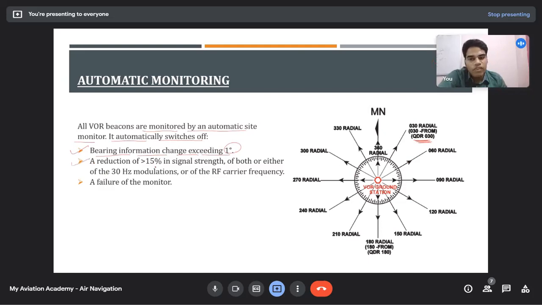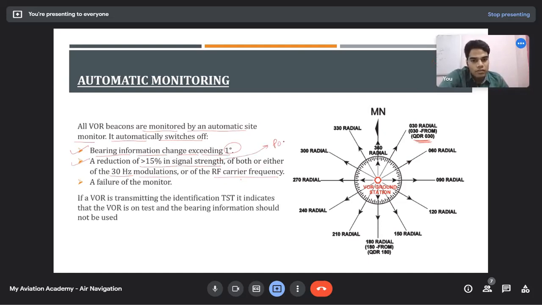A reduction of greater than 15% in the signal strength of both or either the 30 Hz modulation or the RF carrier frequency. The carrier frequency I've explained to you, right? Information and all, modulation. Now, what will the signal strength depend on? It will depend on the power. Suppose there is an electrical failure near the site.